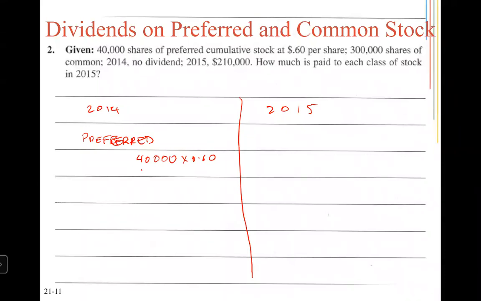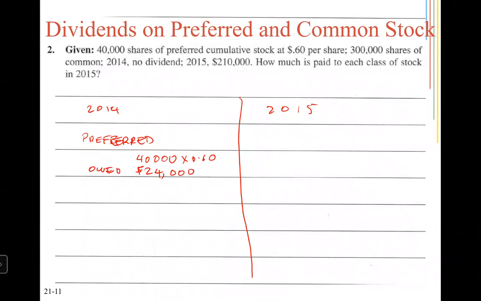So, yeah, that's right. 24,000. Okay, so the preferred are owed $24,000. So you put owed.